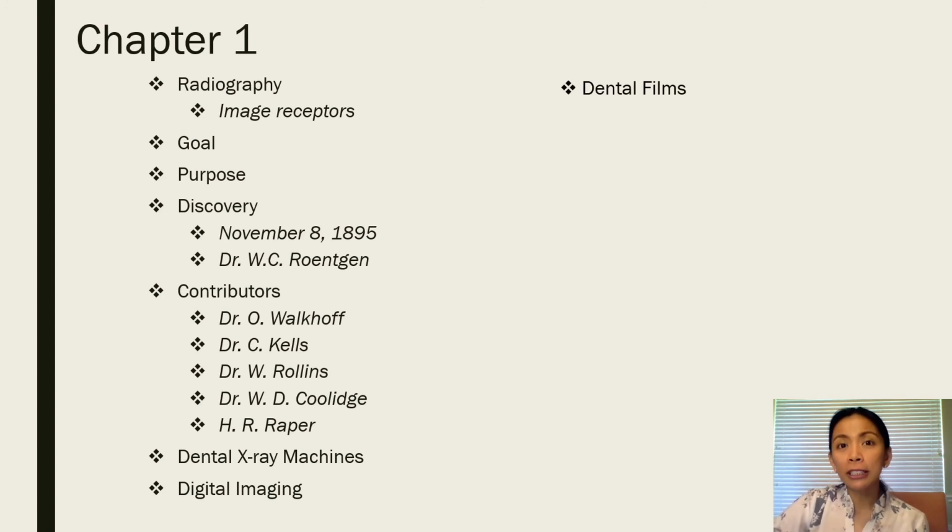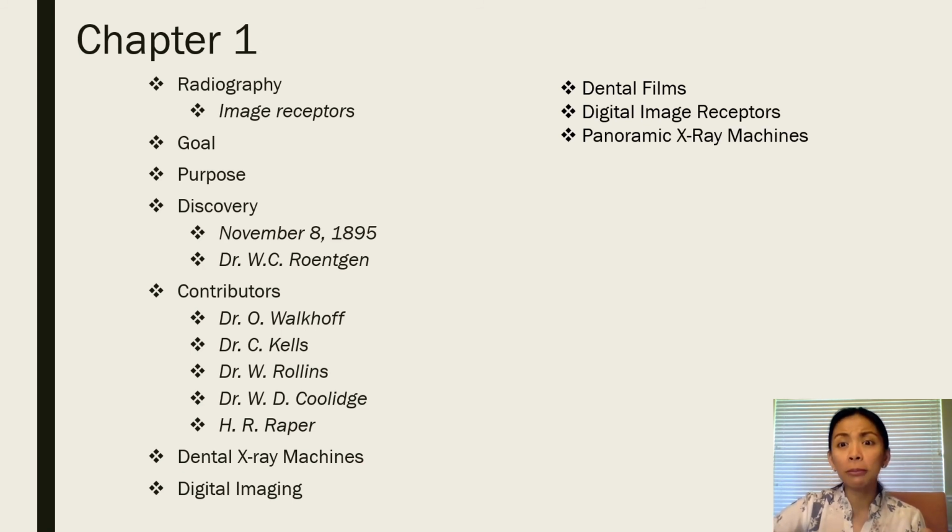We also talked about the dental X-ray films, that older dental X-ray films started with a glass photographic plate wrapped in paper to prevent moisture from contacting the plate, and then later on the hand-wrapped dental X-ray films with only one side with emulsion, and then the newer dental X-ray films have emulsions on both sides of the X-ray film.